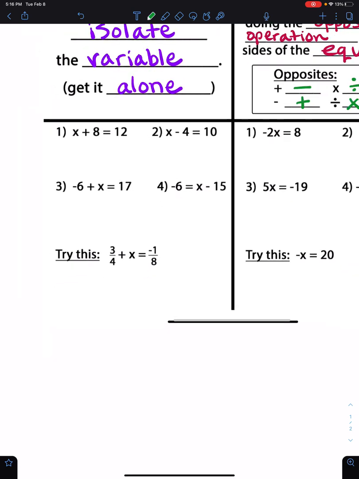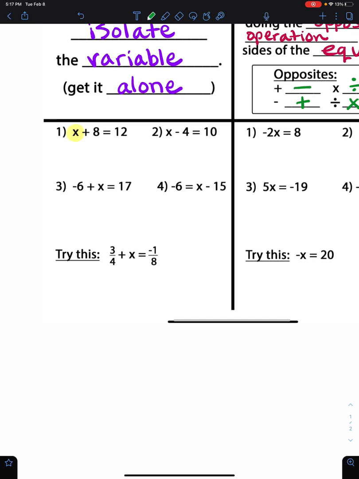Example number 1, the first thing we're going to do is locate that variable. Remember, a variable is a letter that represents a number. Our job is to isolate that variable by doing the opposite operation to both sides of the equation. Find the variable and ask yourself, what is happening to that variable on the same side?